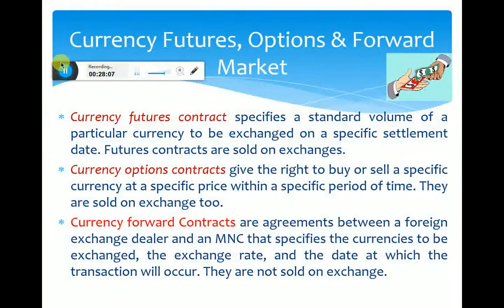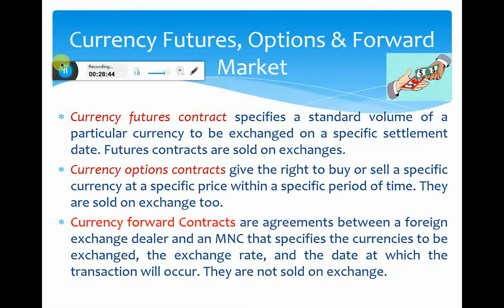For currency futures contracts, there is the currency futures market. For options, we have the options market, and for forwards, we have the forward market. Let's see what is the difference between futures, options, and forwards. A future is basically a contract which specifies a standard volume of a particular currency to be exchanged on a specific settlement date, right? Futures contracts are sold on exchanges, meaning exchange markets.